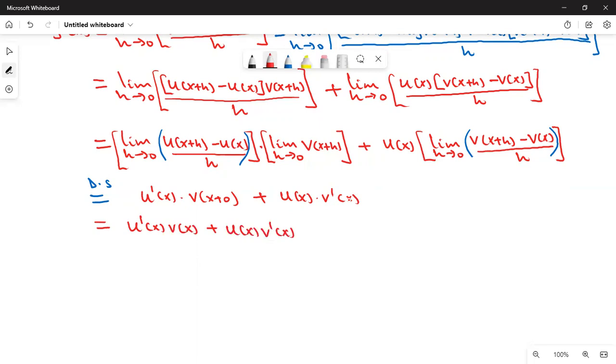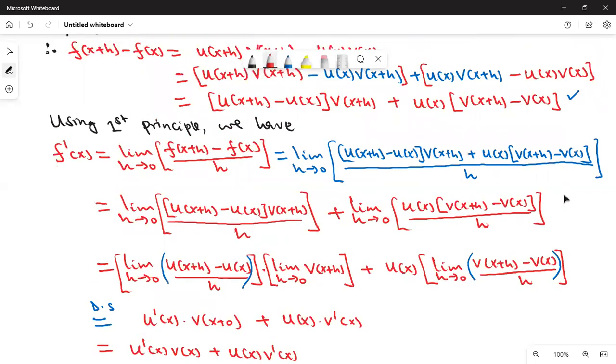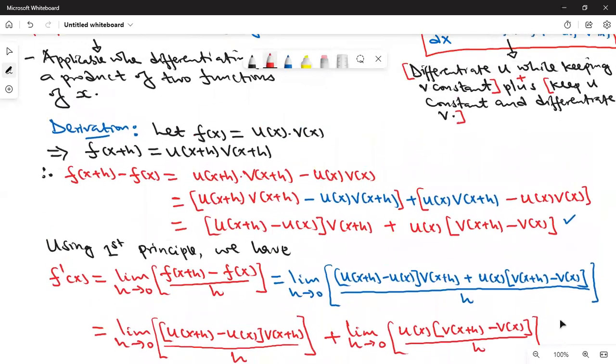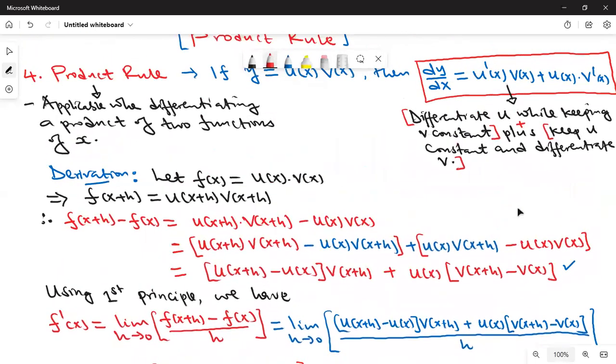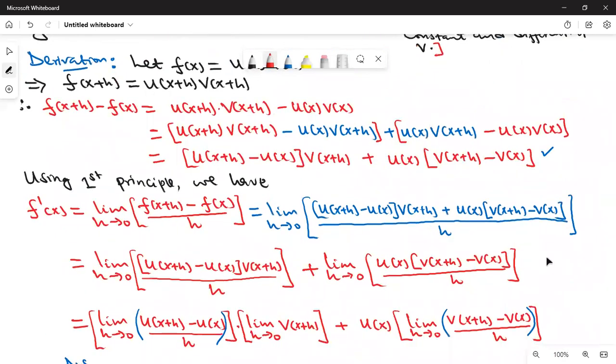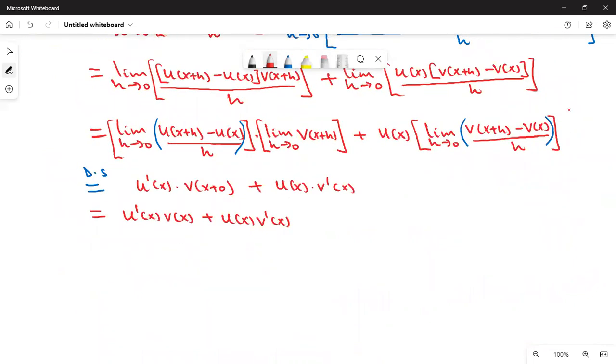And so we have shown that when you're given y is equal to u times v, then the derivative dy over dx, or f prime of x, or y prime of x, is the same as u prime times v plus u times v prime. So that completes our proof. This completes our proof.